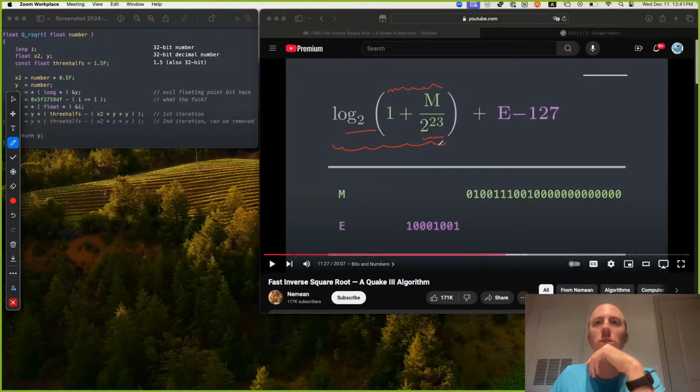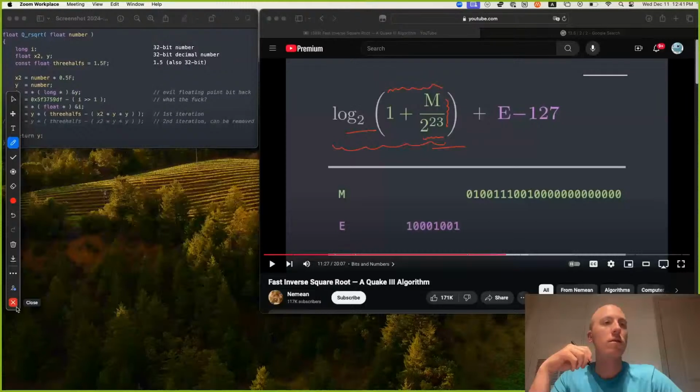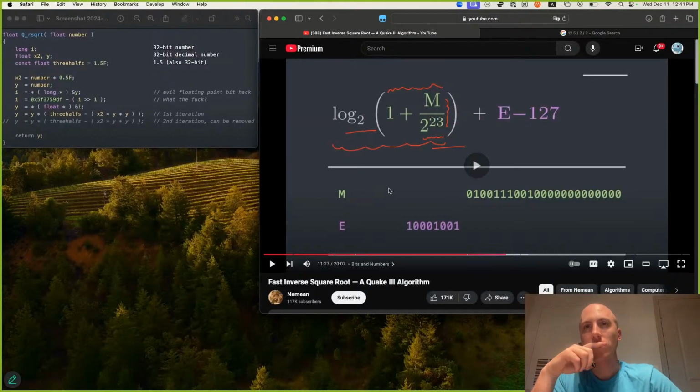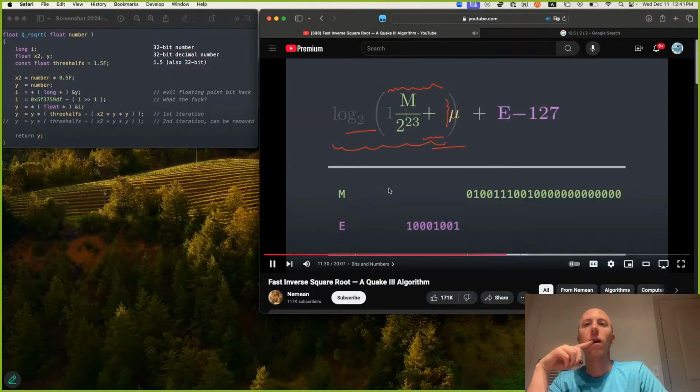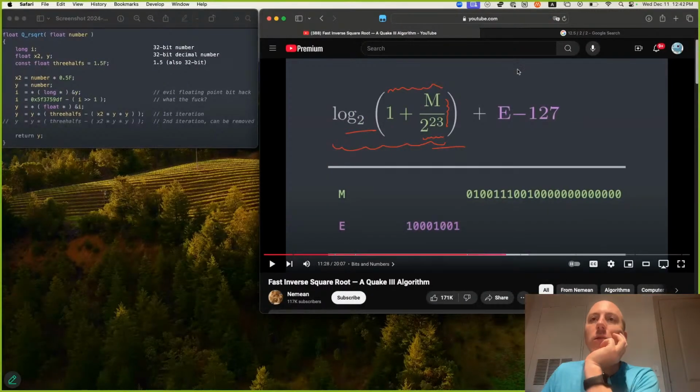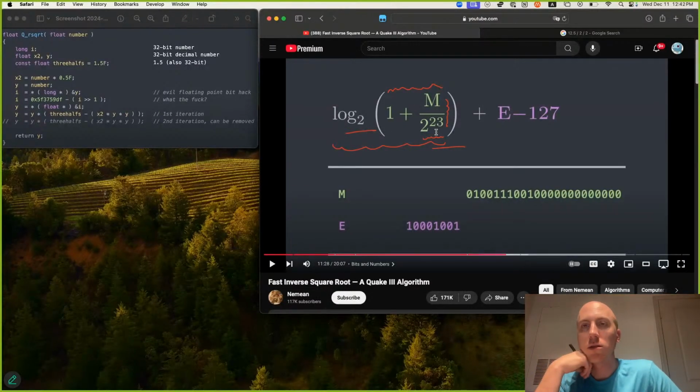So we can just drop the log. Hold on, let's see what he says. Oh, he said that for small values of x, log of 1 plus x is approximately equal to x. So, okay, cool.